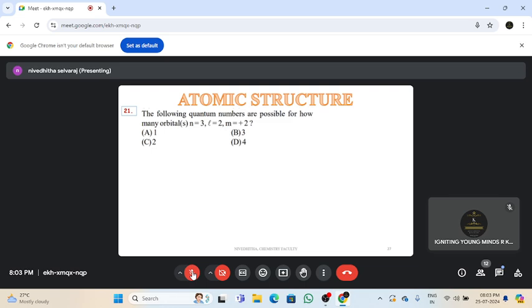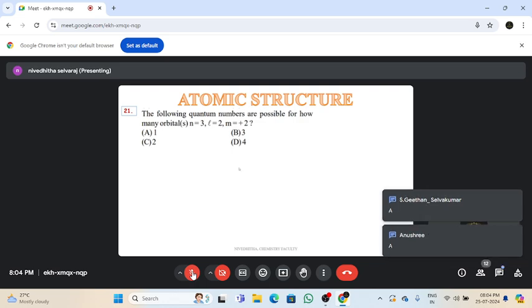Divya's answer is option A. Varshini, what is your answer? Geetan's answer is also option A. Anu's answer, okay, everybody is telling option A.